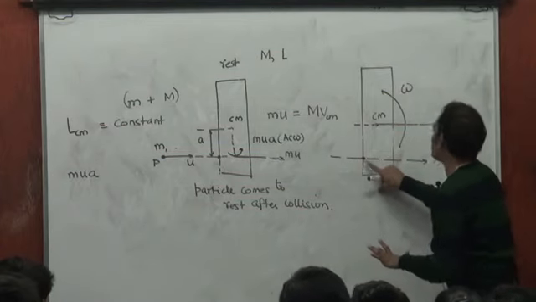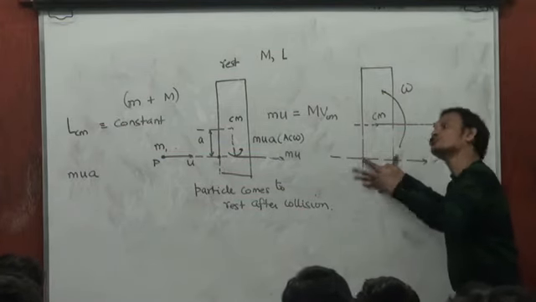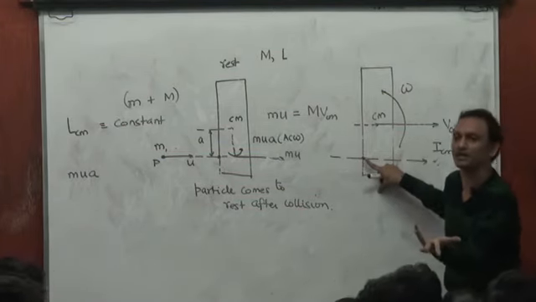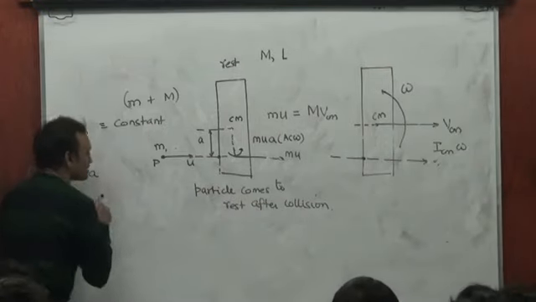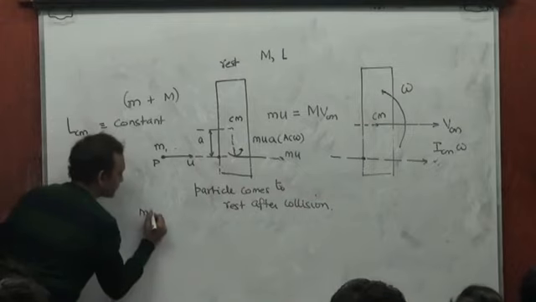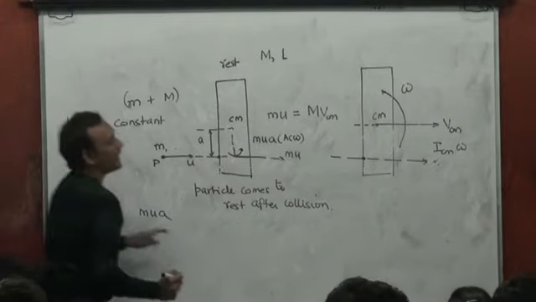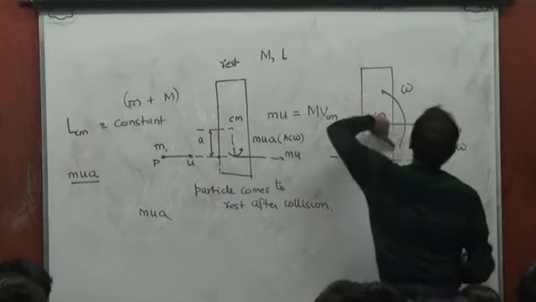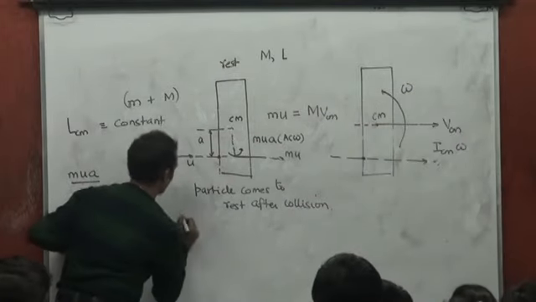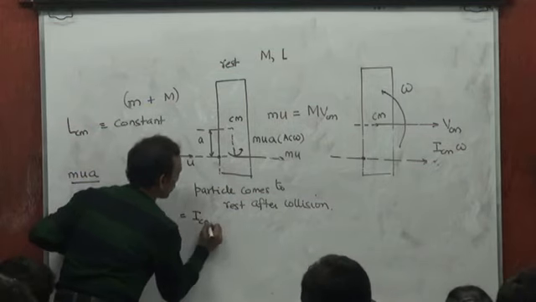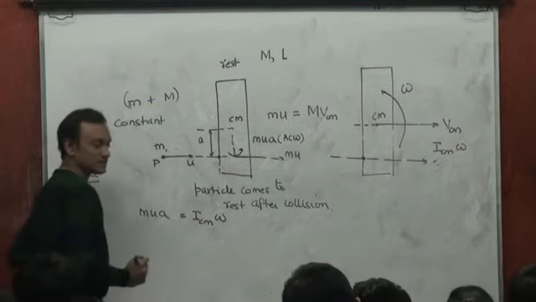What is the angular momentum that the particle has after collision? Zero, because its linear momentum becomes zero. The particle comes to rest. So the total angular momentum about the center of mass before collision is mu a, anti-clockwise, and that must be the angular momentum anti-clockwise of the rod after collision. So this becomes ICM of the rod into omega, anti-clockwise.